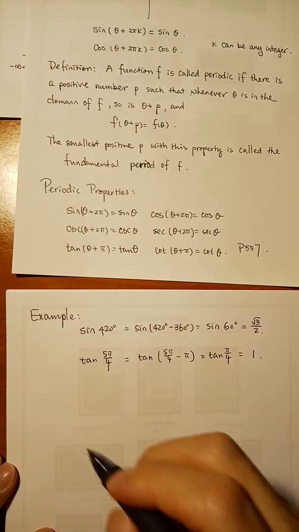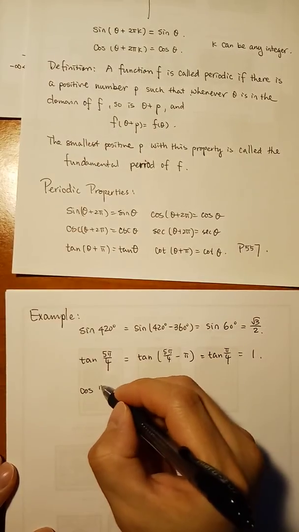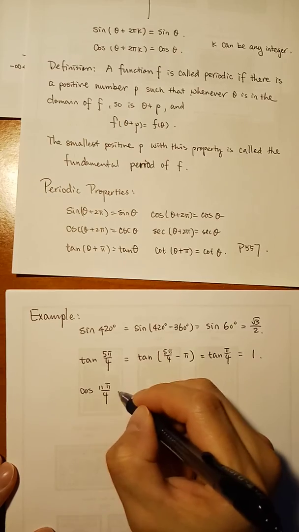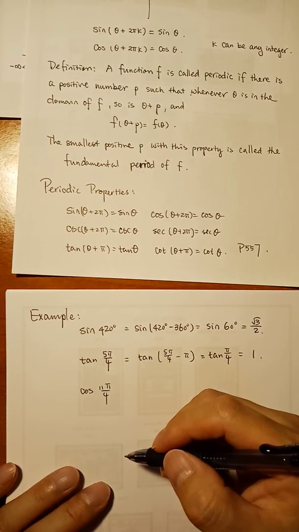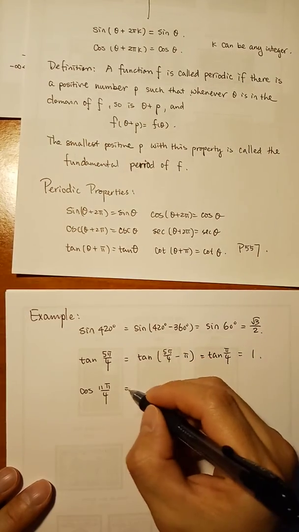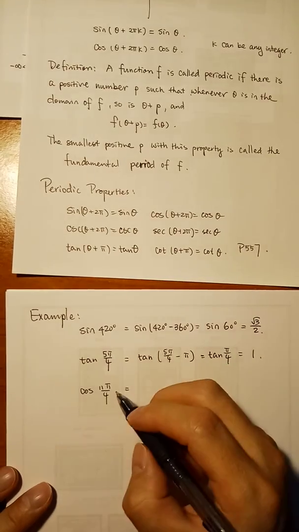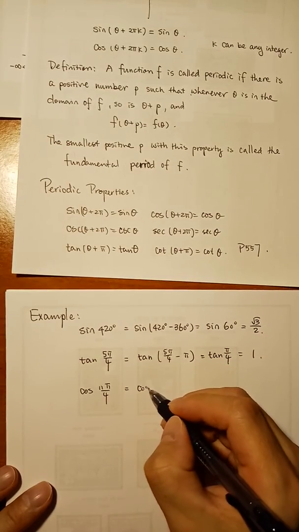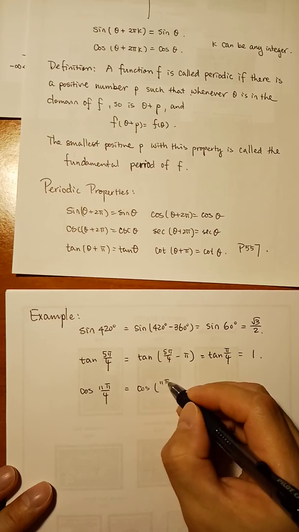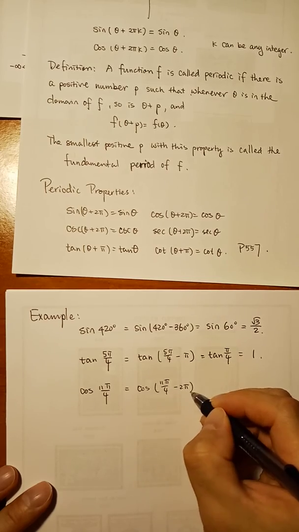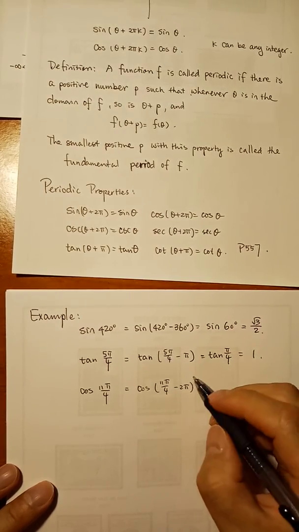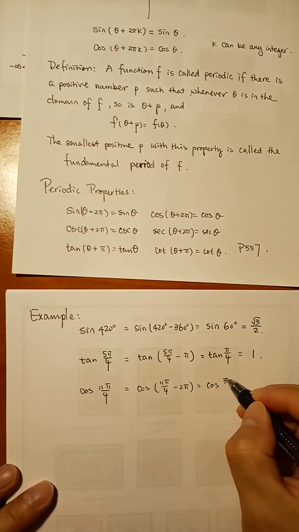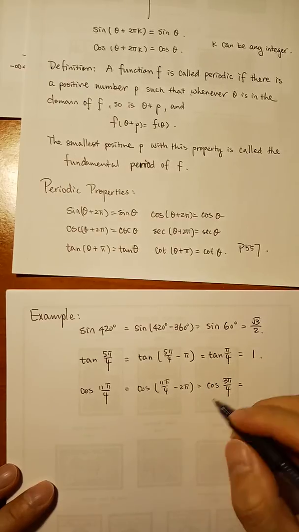And the cosine of 11 pi over 4. Cosine has period 2 pi. So 11 pi over 4 minus 2 pi, where 2 pi is 8 pi over 4, gives 3 pi over 4.